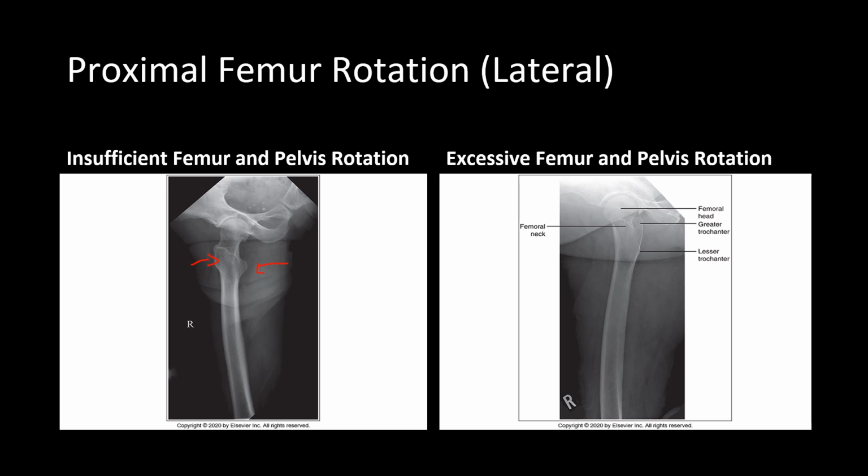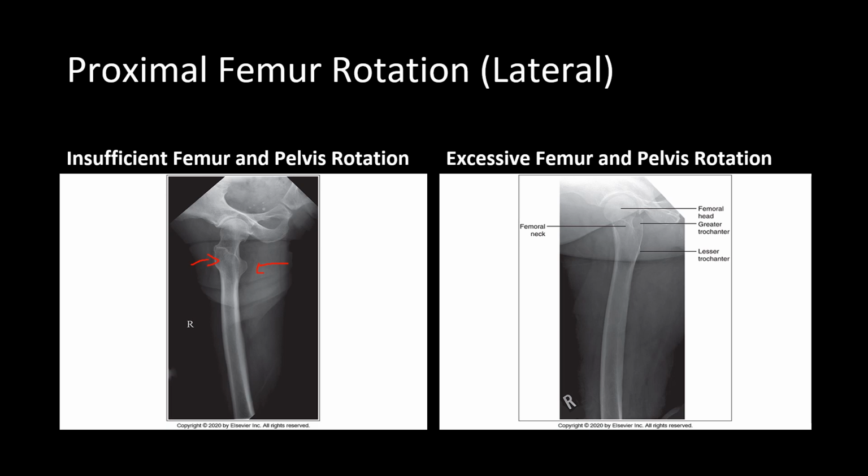As you can recall from image analysis guidelines for the lateral projection, the lesser trochanter should be demonstrated in profile medially, and the greater trochanter should be demonstrated at the same transverse level as the femoral head. So this image here is demonstrating insufficient femur and pelvis rotation.